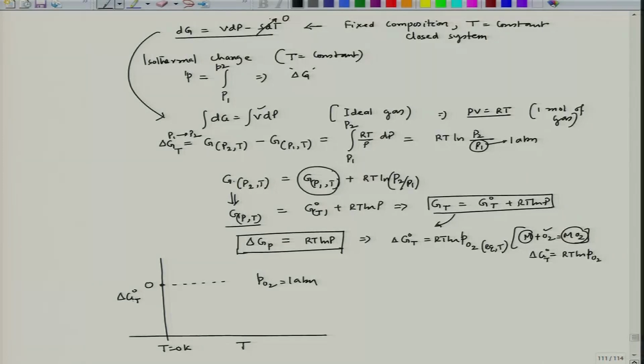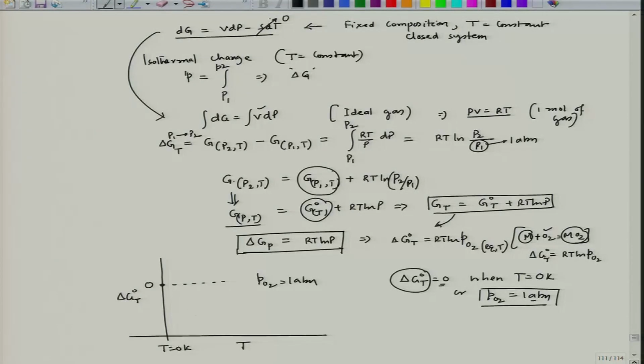So delta G naught T can be 0 when T equal to 0 K or when the pressure is equal to 1 atmosphere. So, this point corresponds to G 0, and the difference becomes 0, as we are taking this difference corresponding to 1 atmosphere pressure.